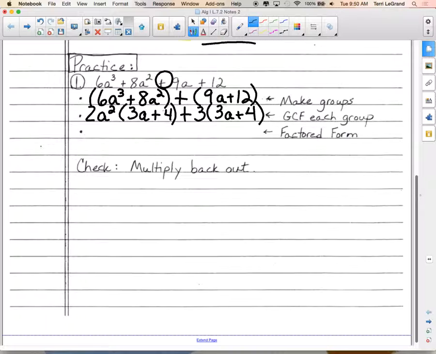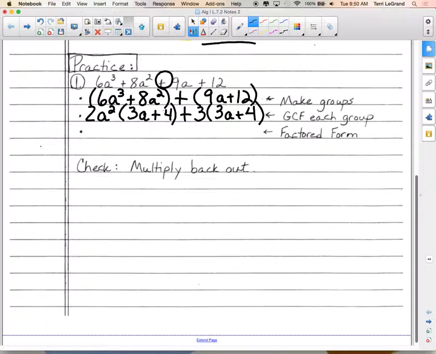Oftentimes when we have these longer polynomials like this, when we have even numbered polynomials, this factoring by grouping is an essential skill. So notice something about our 2, we now are down to 2 terms. We have 2 groups that we made into 2 terms that are a monomial times a binomial.